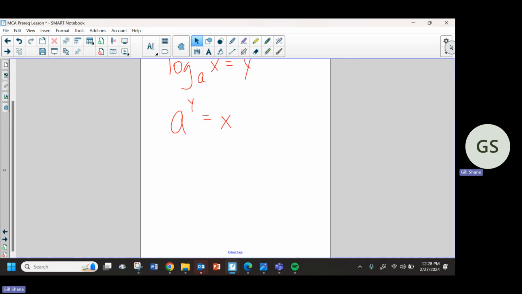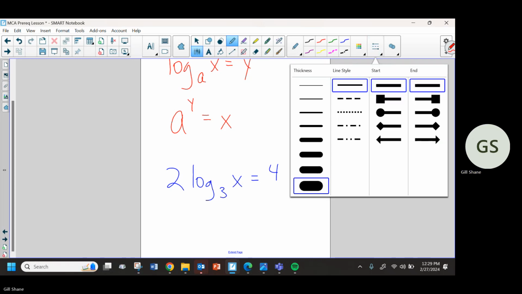All right. So the other thing we said is when you solve out an equation, so if we have log base 3 of x equals 4, and then we have a 2, it looks kind of complex, but really we could think of this part as a variable.